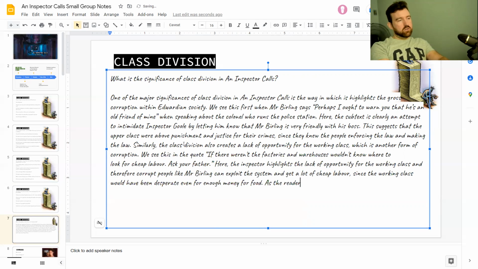As the reader or audience, we feel a great deal of pathos. Pathos is just a fancy word for pity. A great deal of pathos for the working class.